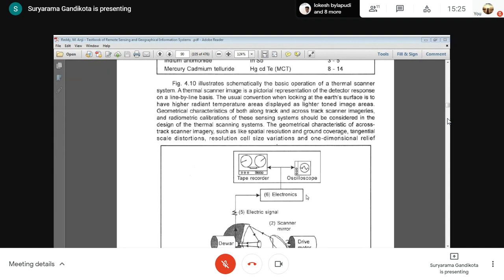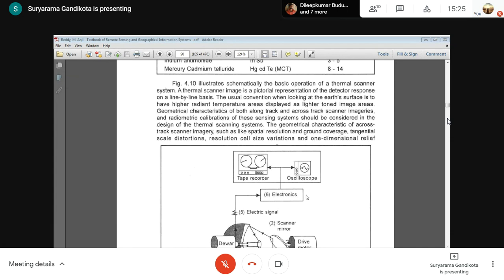That is, the higher radiant temperature areas are displayed as lighter in the image, it will be seen as light toned image. The area having highest temperature will be seen in the image as light tone. Light tone means it is in light color.